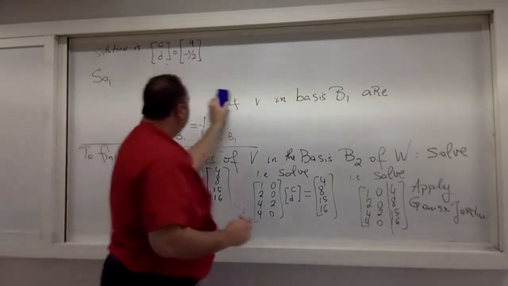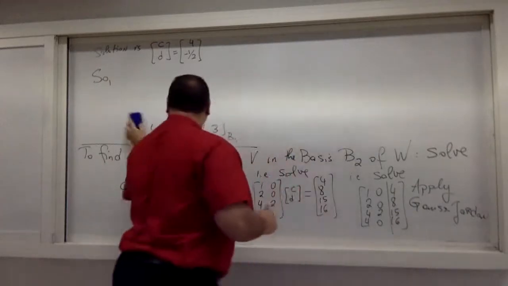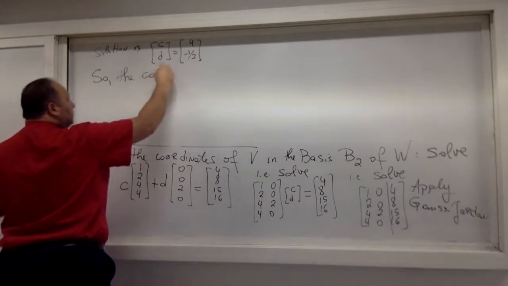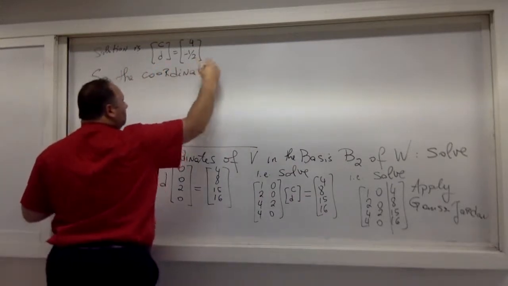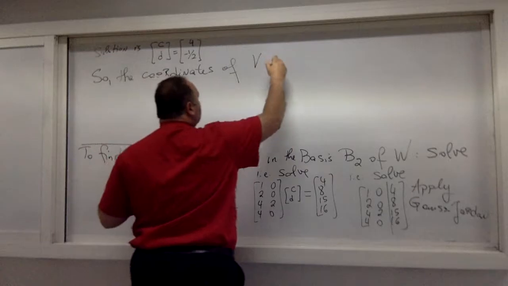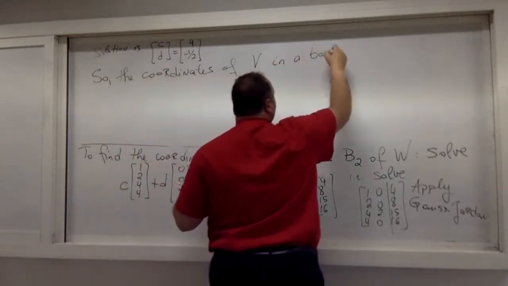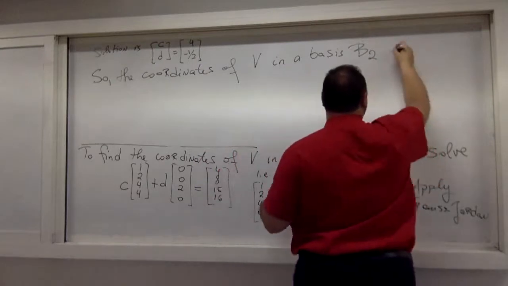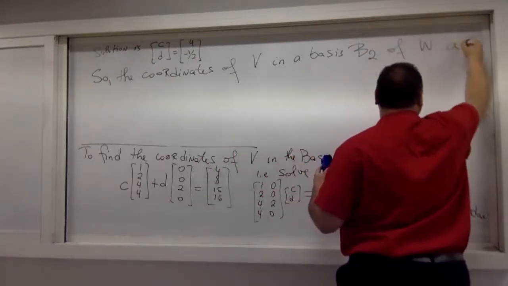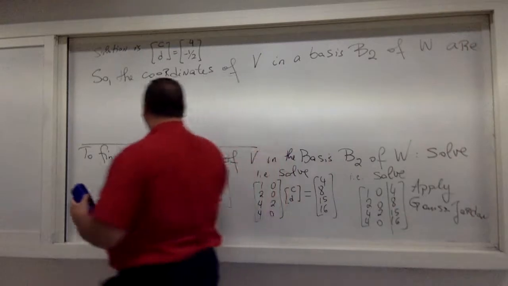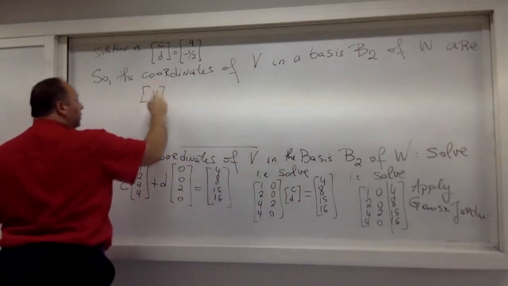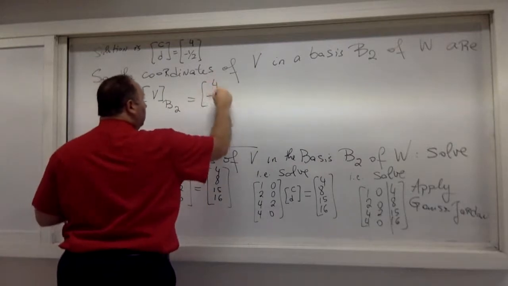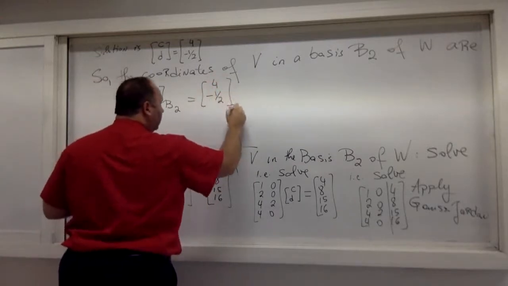I'm just going to clean this properly. So how do we write it? Again, I'm going to write it with square brackets. You can use round brackets, it's up to you, doesn't matter.